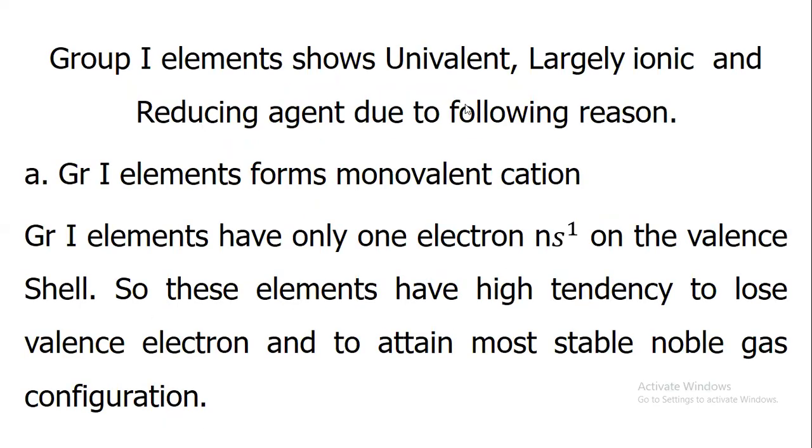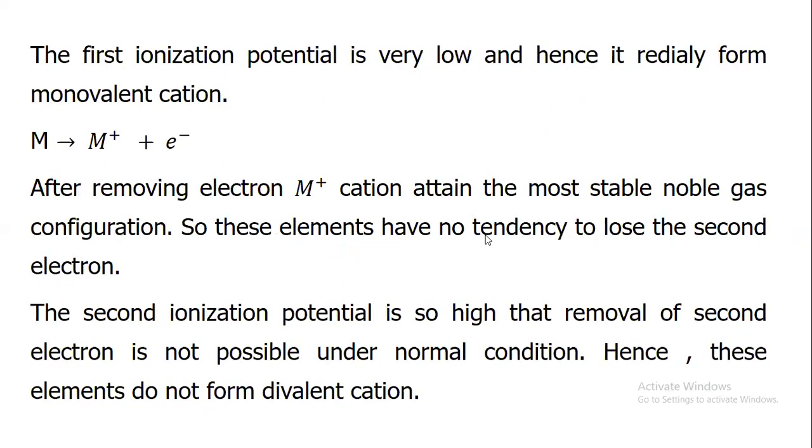Group 1 elements show univalence, are largely ionic, and are reducing agents, due to the following reasons. Group 1 elements form monovalent cations. They have only one electron, ns1, in the valence shell, so they have a high tendency to lose the valence electron and attain the most stable noble gas configuration.